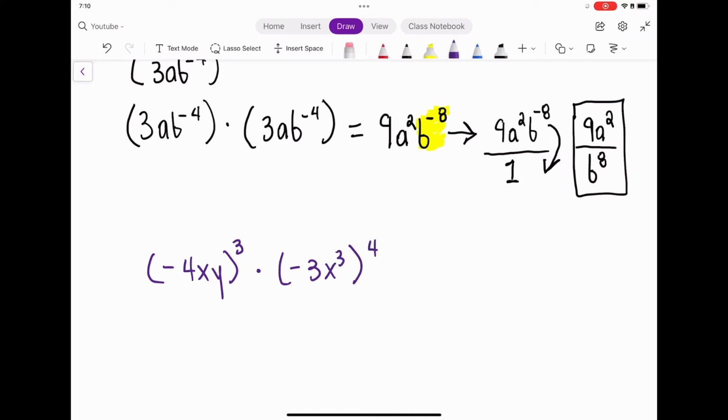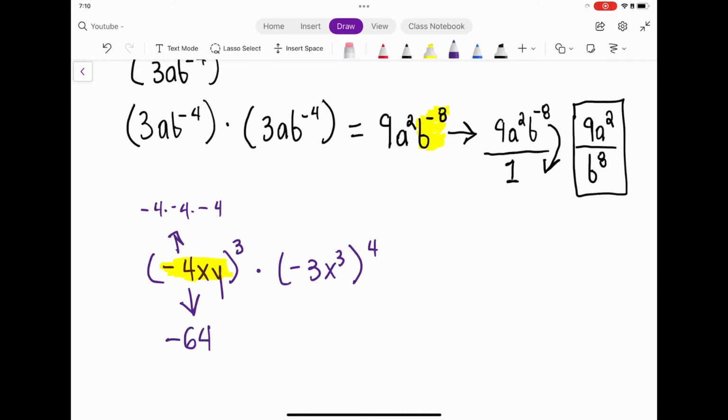So there's a few things going on here. What's going on is we need to take this negative 4xy to the third power. So what that means is we're going to expand negative 4 and multiply it by itself 3 times. Once we do that, we're going to get negative 64.